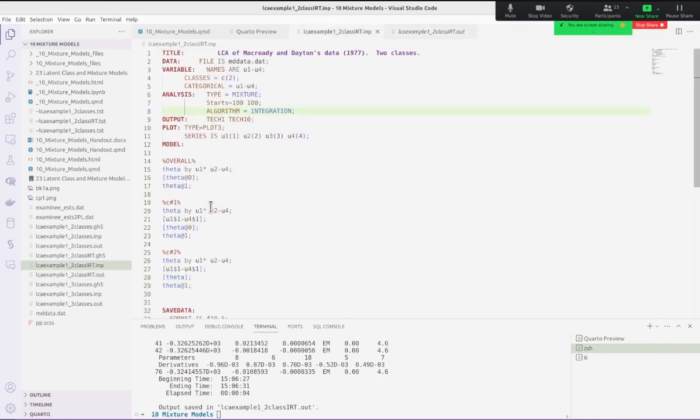What I can actually do a little bit better is do this, I think. This U1 to U4 at 1. I'll do this right here. Let me see if I can estimate just a mixture Rasch model instead.